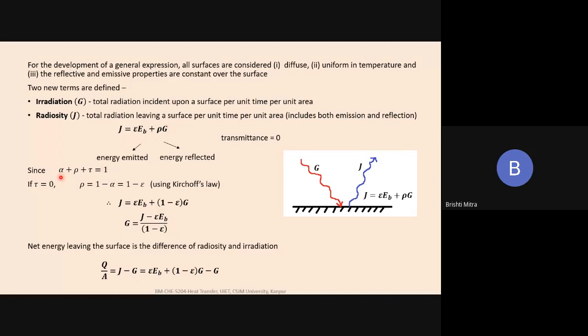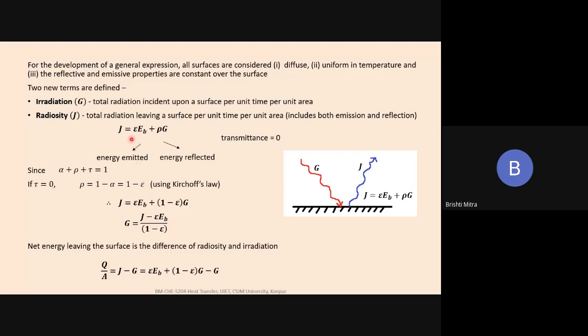So now you know that alpha plus rho plus tau is equal to 1. Since tau has been taken to be equal to 0, alpha plus rho is equal to 1. So rho is equal to 1 minus alpha. And alpha, that is absorptivity, is equal to the emissivity when we use Kirchhoff's law. So using Kirchhoff's law, we can write rho is equal to 1 minus alpha, which is also equal to 1 minus epsilon.